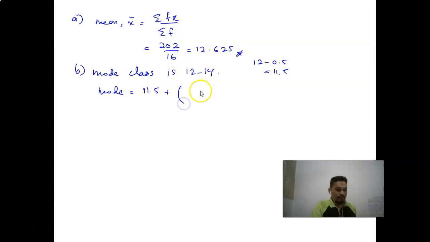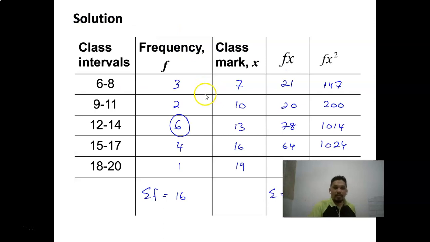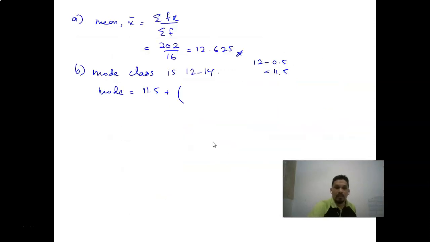plus the difference. 6 minus 2 equal to 4, and 6 minus 4 equal to 2. D1 and D2. So D1 is 6 minus 2 equal to 4, divided by D1, 4, plus D2, 6 minus 4 equal to 2, and multiplied by the size of the class, which is 3.